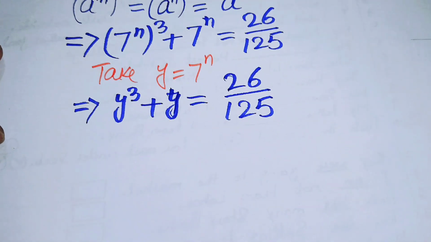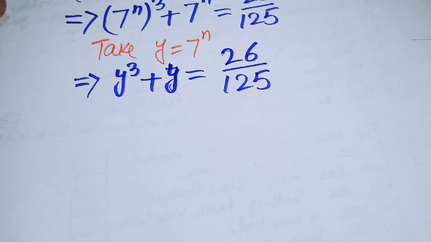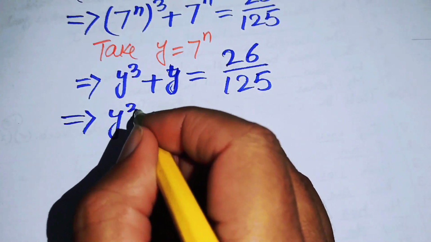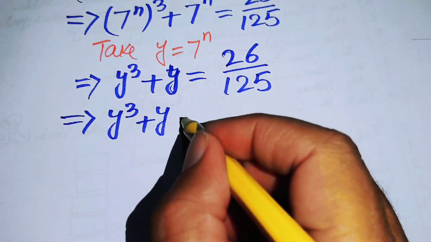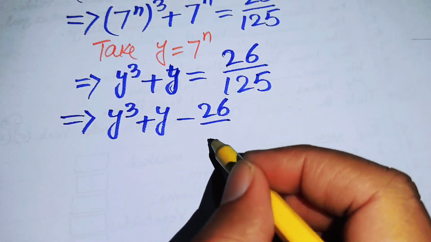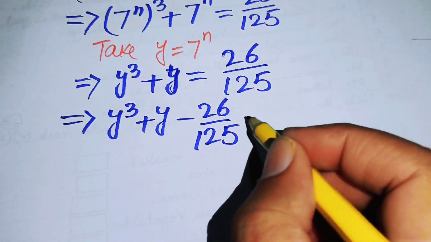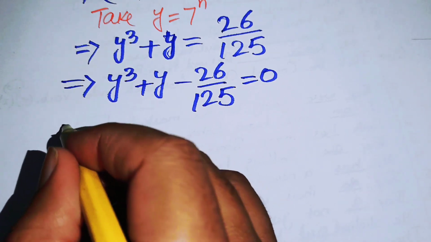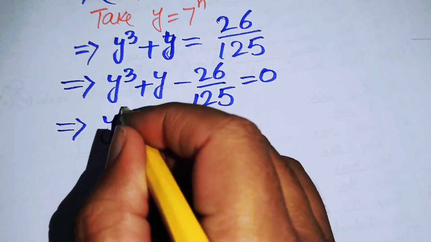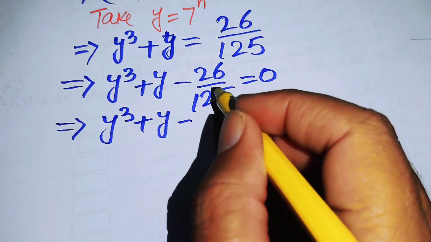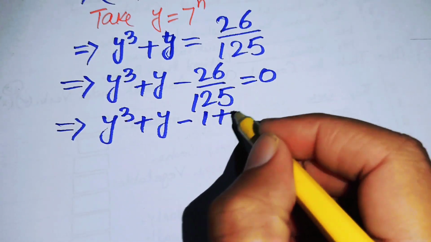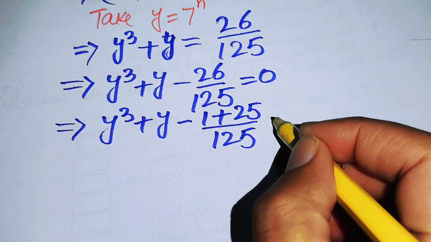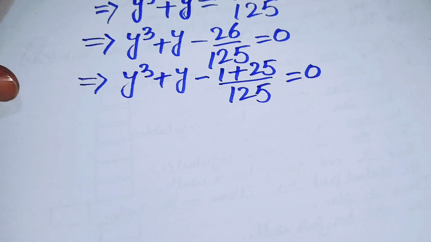So in the next step we will move 26 over 125 to the left hand side, and we write y cubed plus y minus 26 over 125 equals 0. Then we will rewrite this equation as y cubed plus y minus, and we will write 26 as 1 plus 25, over 125, and this whole equation equals 0.